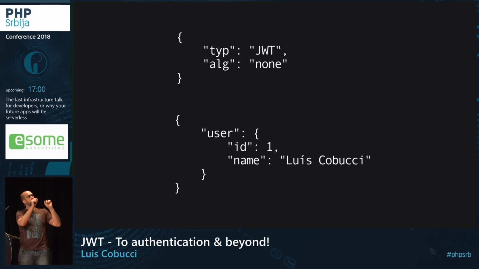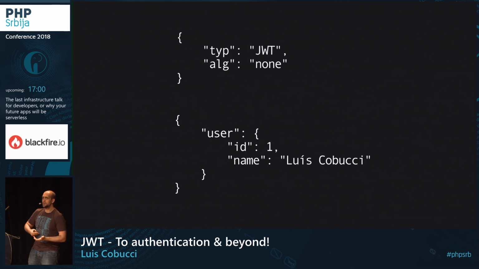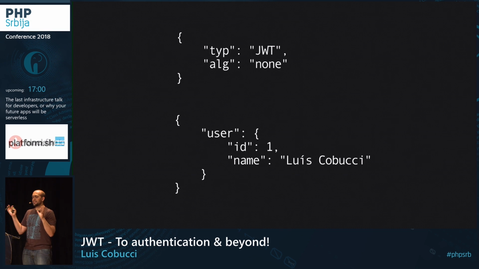But you can see that inside of the token, we can put any information. And that's really powerful. This means that the token itself is self-contained, which means you have something that scales horizontally as well when you're doing different kinds of things.